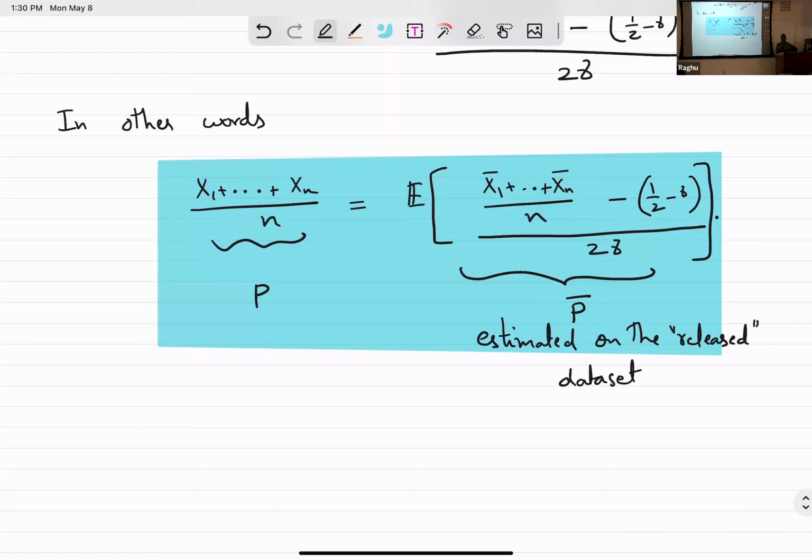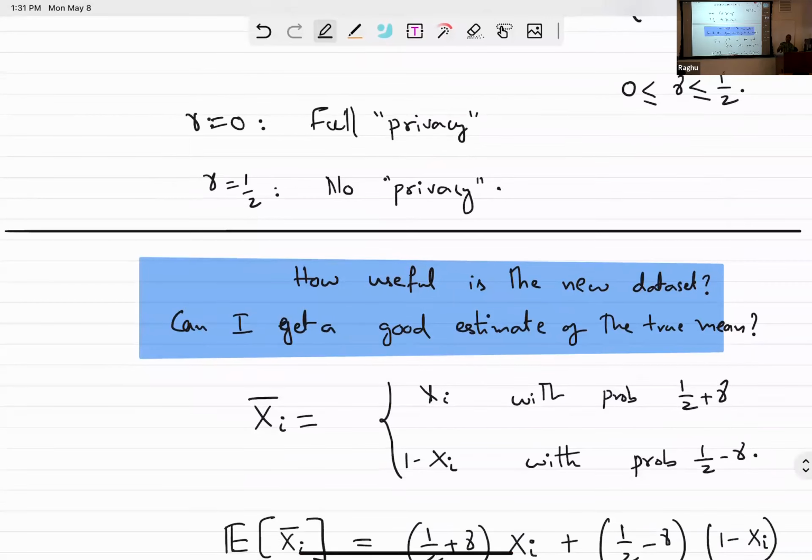You're releasing the xi bars for public consumption. Okay, and you can estimate the true mean by looking at this P bar. Ideally we would like P bar to be somewhat close to P still. And the higher the gamma, the lower the gamma, the better privacy each user has.